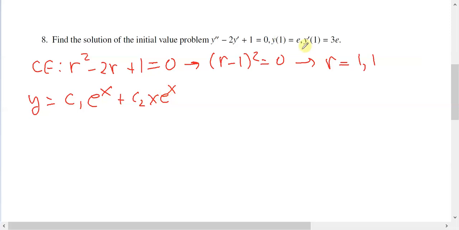And now I need to find the particular solution, or the actual solution. Specific, I think, is the word I'm looking for. I'm looking for the specific solution that satisfies these initial conditions. Well, I'm going to need the derivatives, so let's get that.